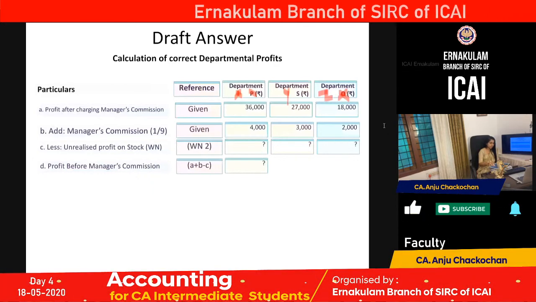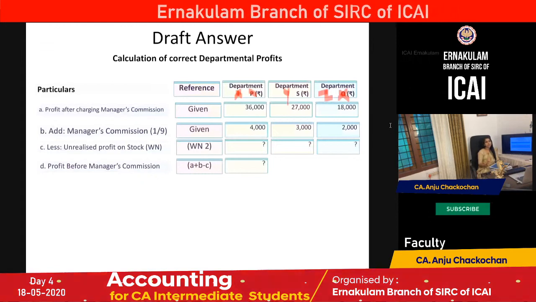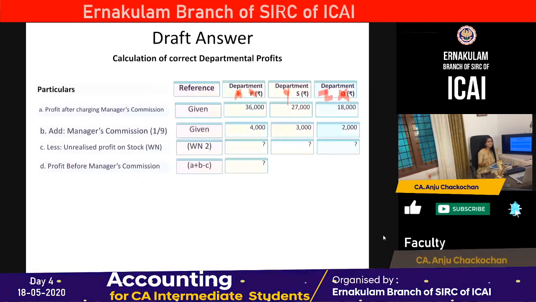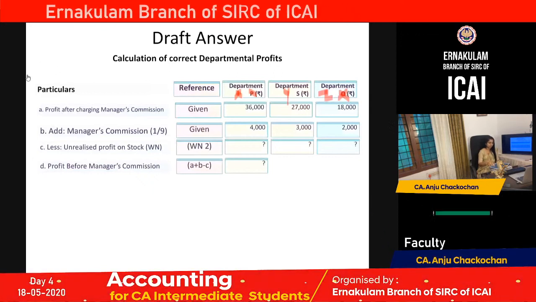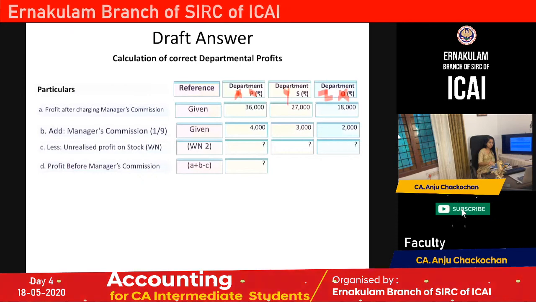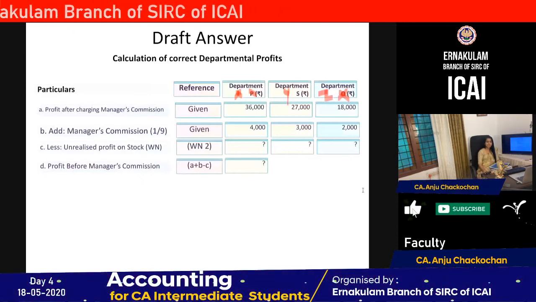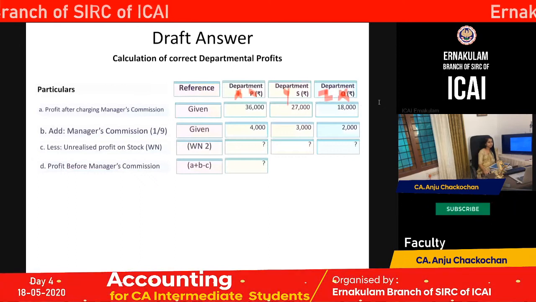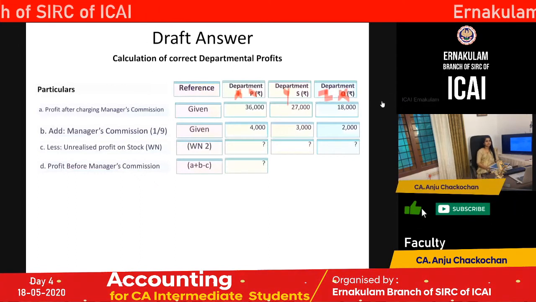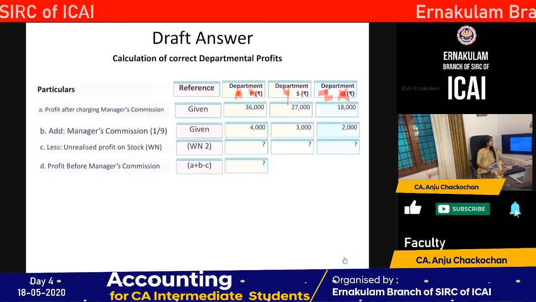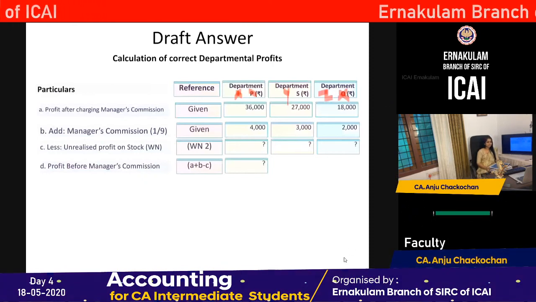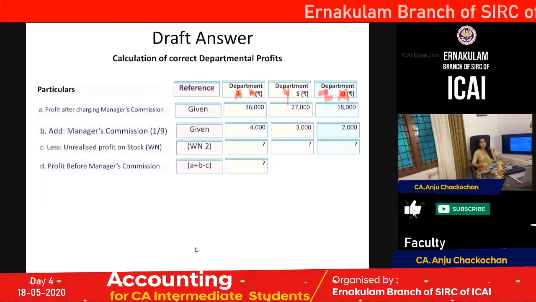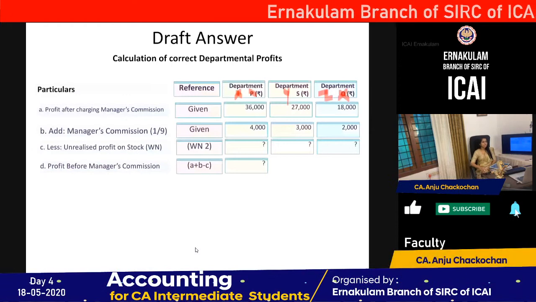computation of unrealized profit. Yes, students, now you're going to do this. You are going to come up with the answers. I'm not working it out. You give me the answers and let's see if that works that way or not. Make it fast. All right, come up with answers, students. Okay, give me the answer.